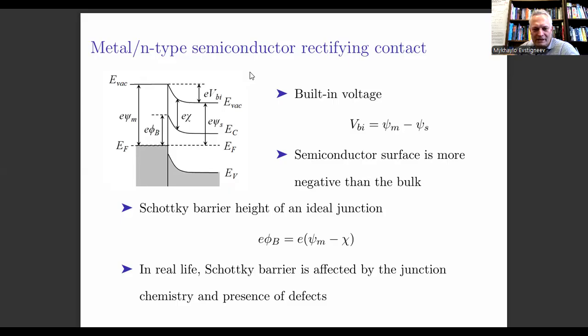You terminate the crystal at the surface, and some of the bonds of the surface atoms become unsaturated. Those bonds are called dangling bonds. And those dangling bonds can trap electrons. That is, they introduce additional energy levels. Those energy levels are called surface states. They exist inside the band gap of the semiconductor.